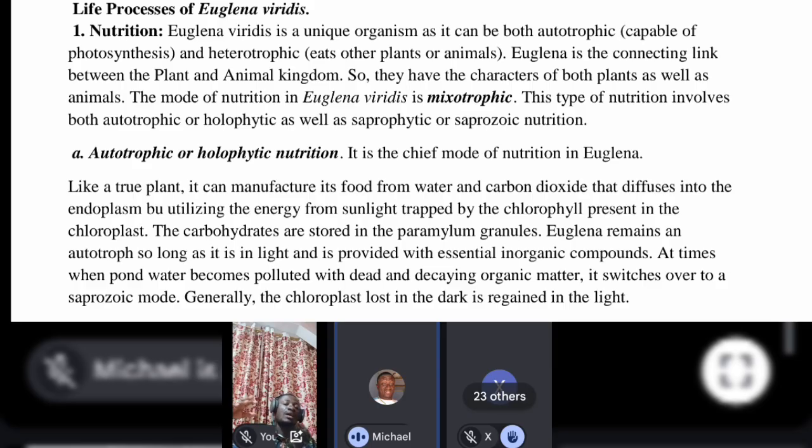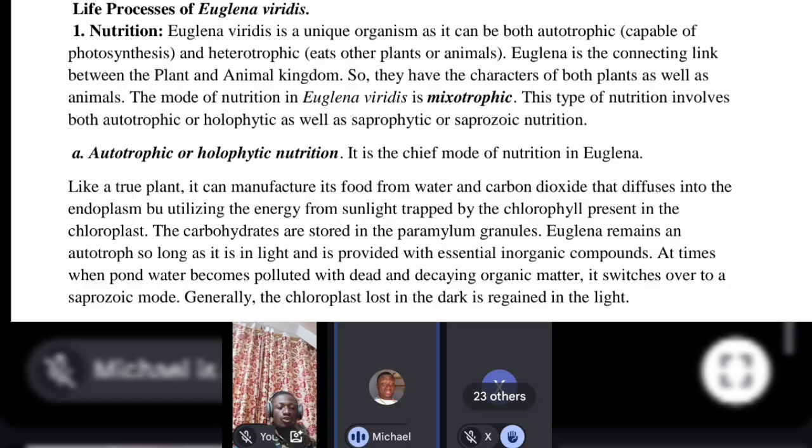Then the photosynthetic is photoautotroph. Photo means light, auto means self, and trophic means feeding. So self-feeding with light, self-feeding with chemical. Some use chemicals like methane and the rest to prepare their own food. Others will use carbon dioxide and sunlight. That is the basic one for preparing their own food. So that is the feeding relationship of Euglena.